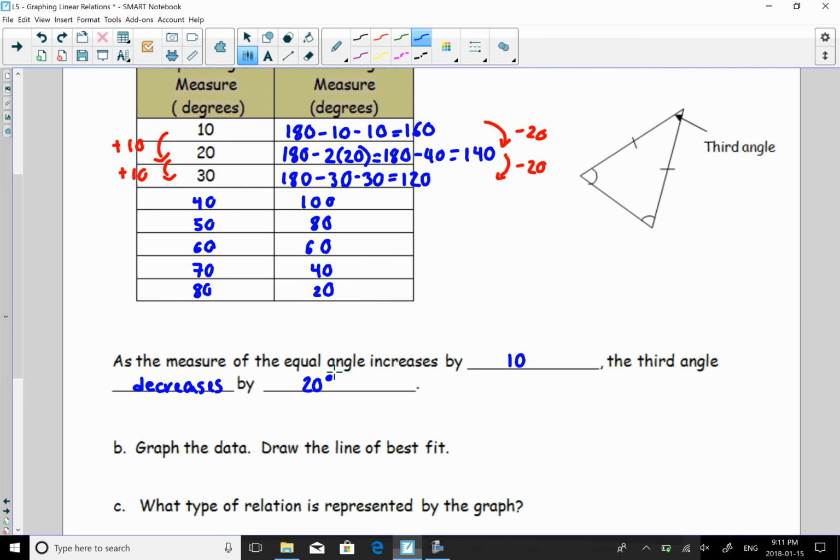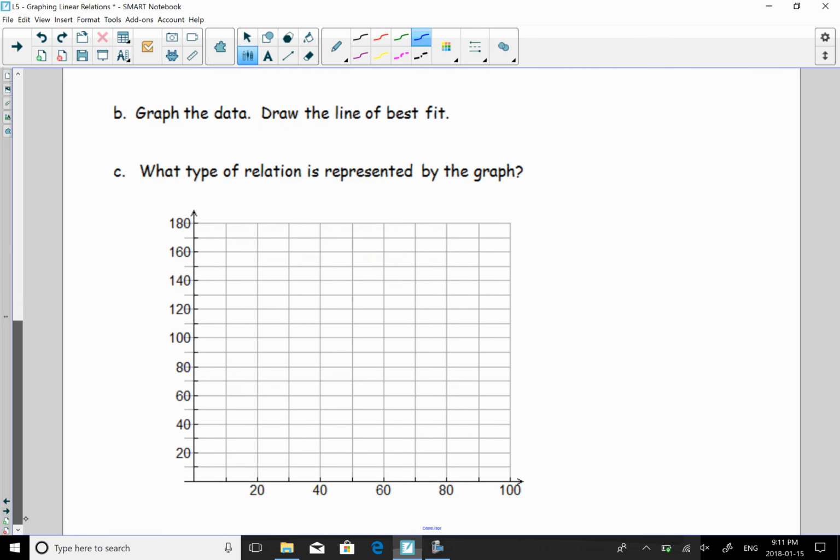We're going to take this data and we're going to draw it. So graph the data and draw the line of best fit. Let's do that first. So this is going to be the equal angle measure in degrees.